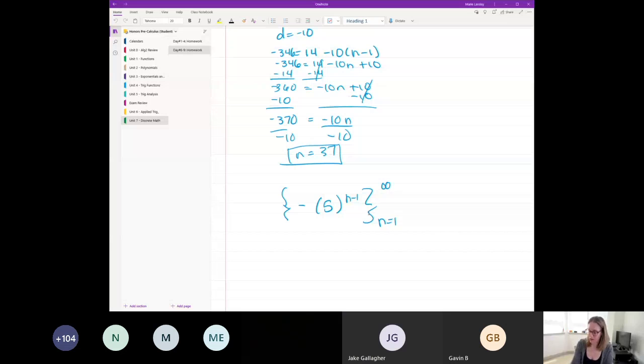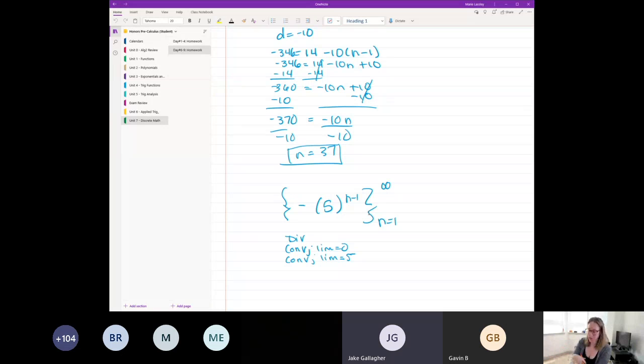All right, and so this one had the options of diverge, converge with the limit equaling 0, and converge with the limit equaling 5.